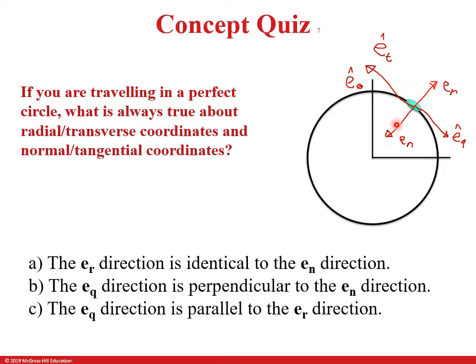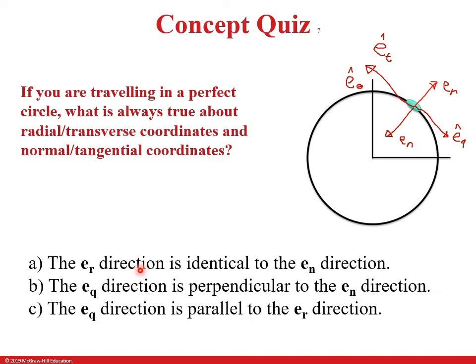So let's see which one of these would always be true. The E sub r direction is identical to the E sub n direction. So the radial direction is identical to the normal direction. This is almost true, but well, it's not.